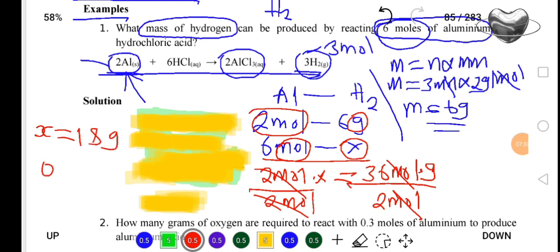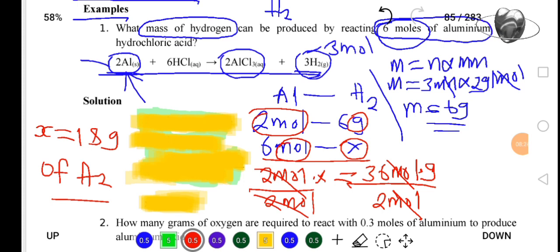grams of hydrogen gas. So the interpretation here, my dear learners, is that with 2 moles we are producing 6 grams. What of 6 moles? What will be the quantity of hydrogen? So we are saying the quantity of hydrogen will be 18 grams because we have increased the number of moles of aluminium.